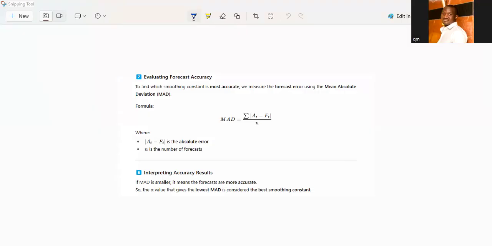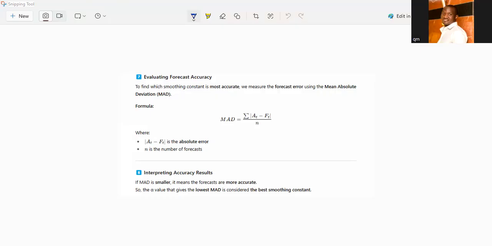So how do we calculate the error for 0.01 there? The MAD for 0.01. What is our N? Our N is 5, right?